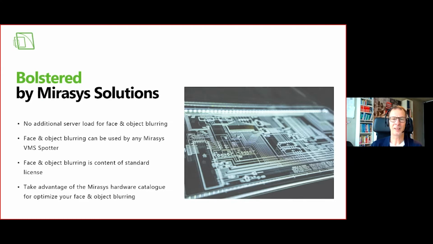And I'm always saying, just a sidestep, that the client PC must be the most performant in a video management system. It must have a good graphics card, the best CPU inside, and a bit of RAM, so 8 or 16 gigabytes.